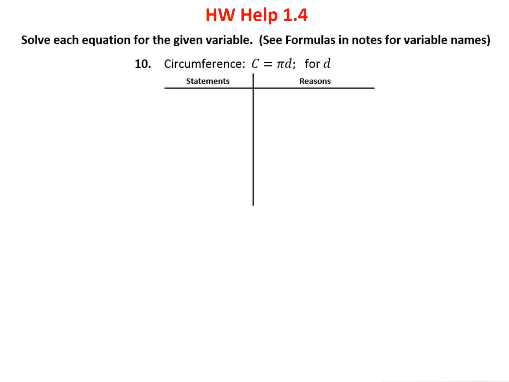In this case, they want us to solve the circumference for D. So let's write our equation down first. C equals pi times D. So that's the given equation. I want to solve for D. How do you undo D times pi? Well, we divide by pi.